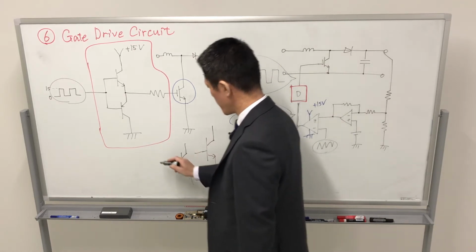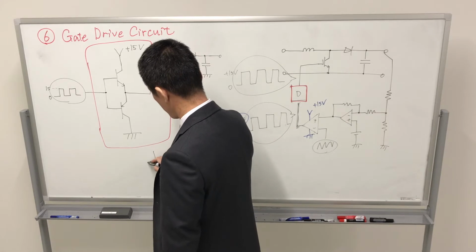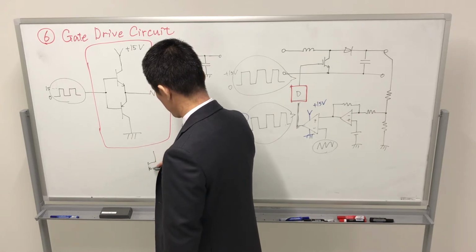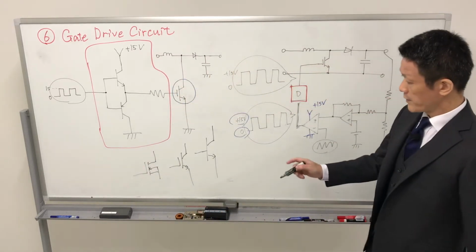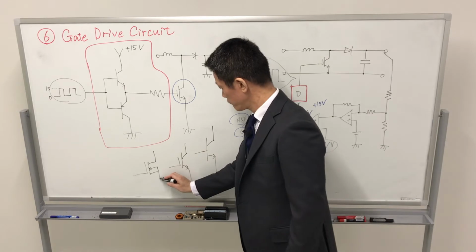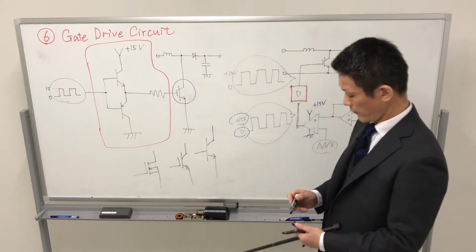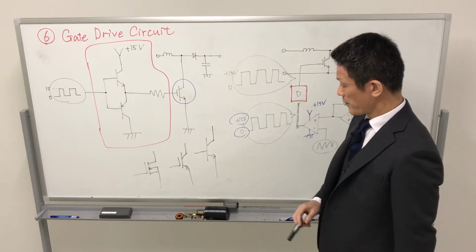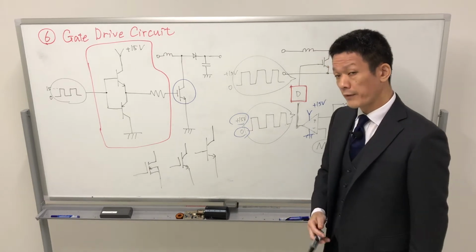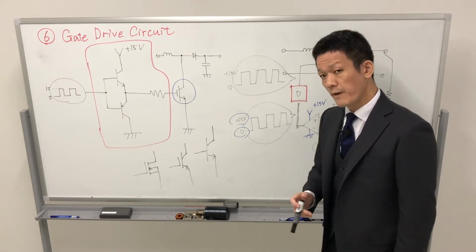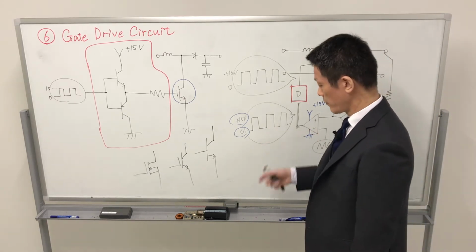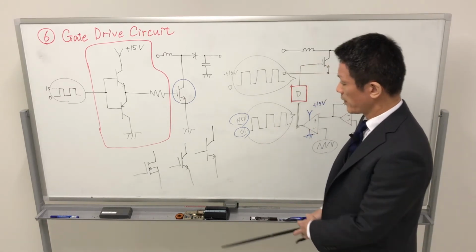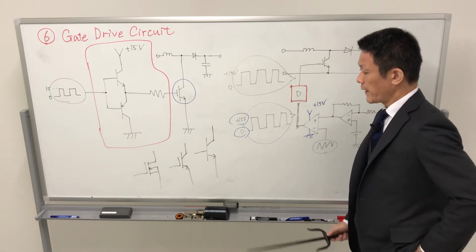And most FETs, do you know what a FET is? It is a famous power semiconductor switch. These semiconductor devices operate as a switch using the saturation performance they have.